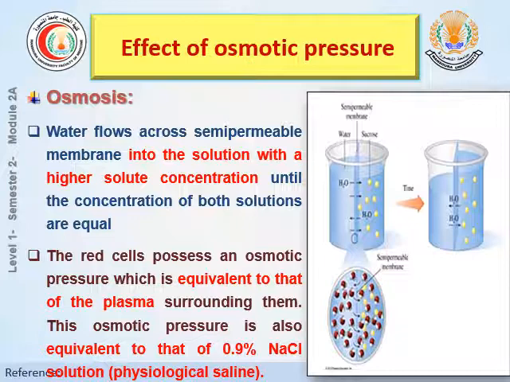Osmosis: water flows across a semi-permeable membrane into the solution with a higher solute concentration until the concentration of both solutions are equal. The red cells are surrounded by plasma. This osmotic pressure is also equivalent to 0.9% NaCl solution, which is isotonic.